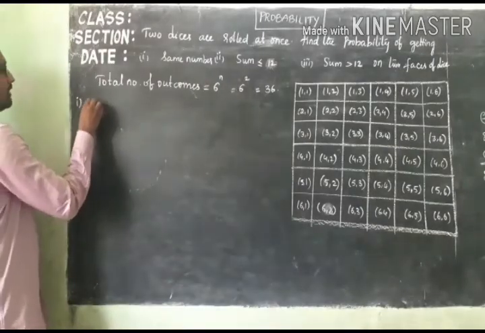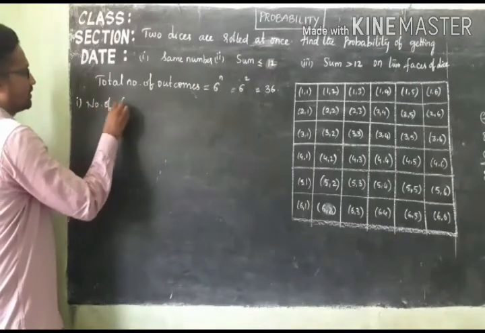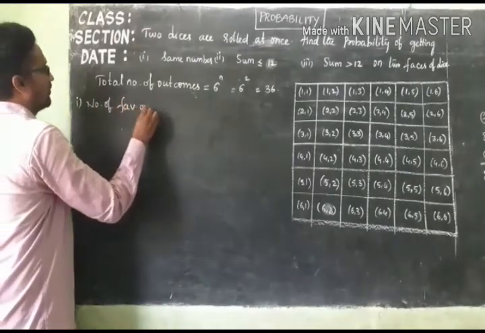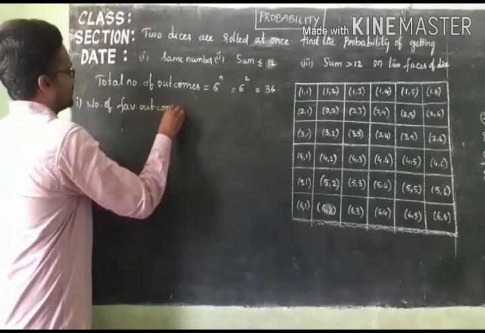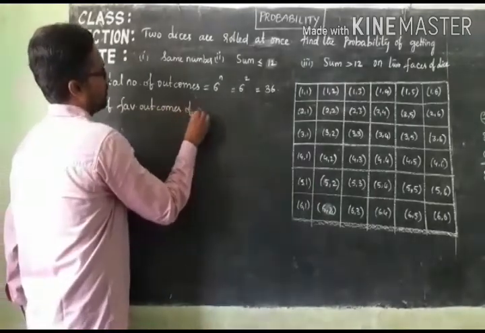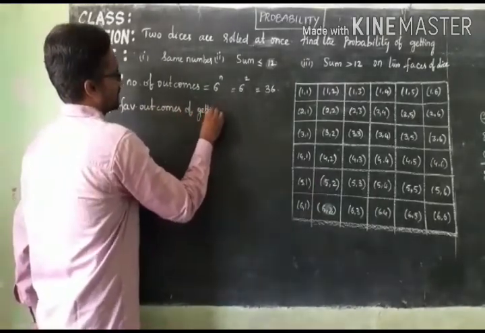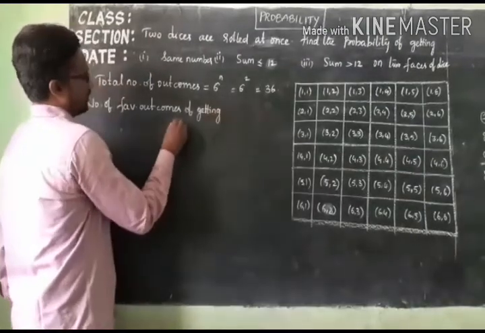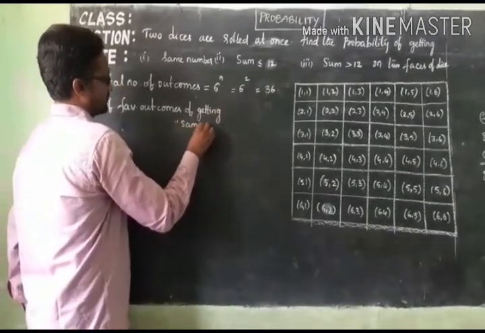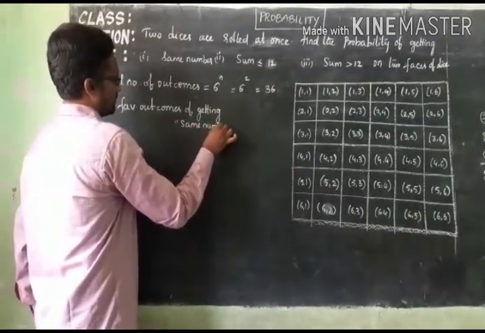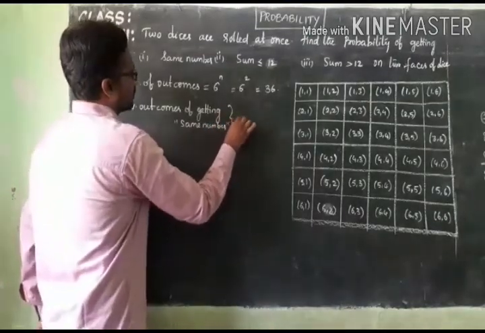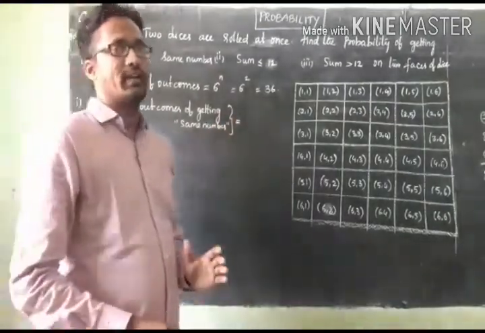That is the number of favorable outcomes of getting the same number. On 2 dice you have to get the same number.